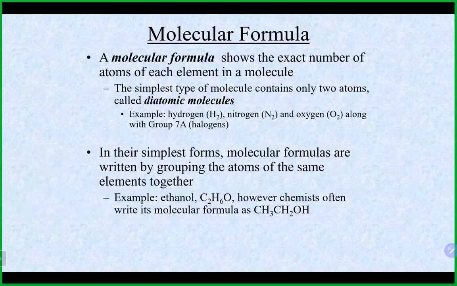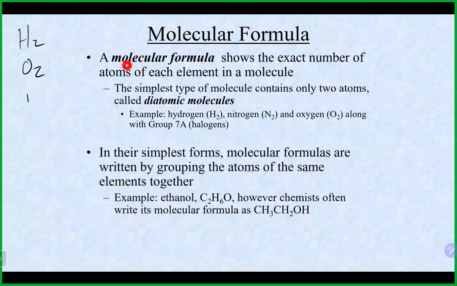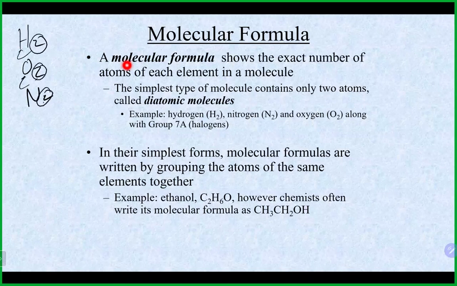So when you see a molecular formula, it tells you exactly, for example, how many carbons are present, how many hydrogens are present, how many oxygens are present. The simplest molecular formulas we have are actually those diatomic molecules we talked about, right? So when you see H2, O2, N2, this 2 tells us there's two hydrogens together, two oxygens together, two nitrogens together.